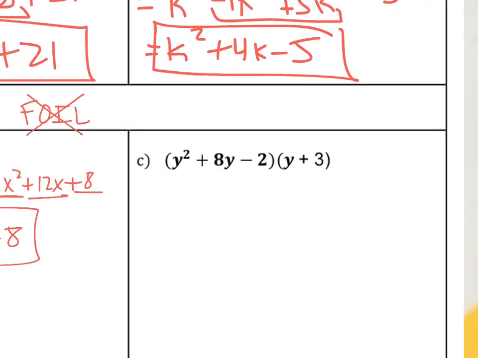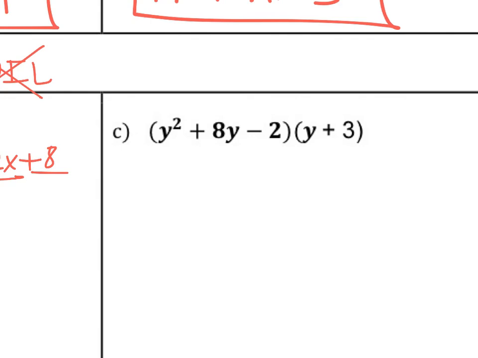All right? One more here. Let's distribute. Now, this has the 3 terms first. You could flip them around and do the same kind of thing we did. Or you could distribute the y squared. Let's go y squared times y is y to the third. Y squared times 3 is 3y squared.